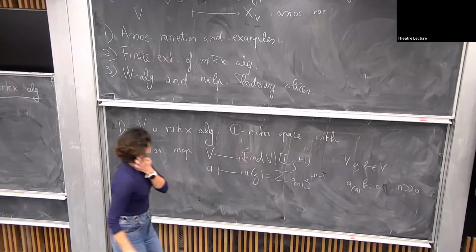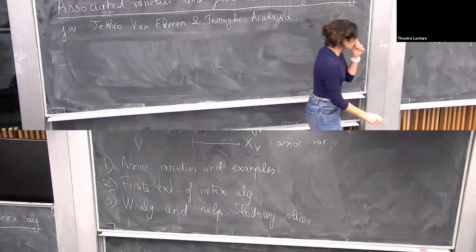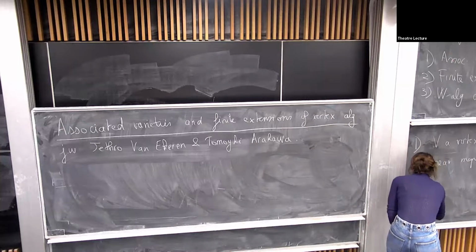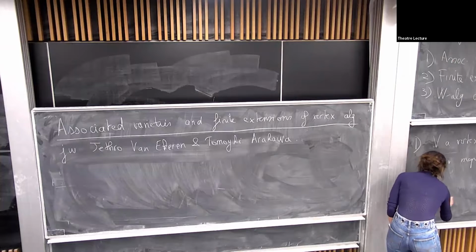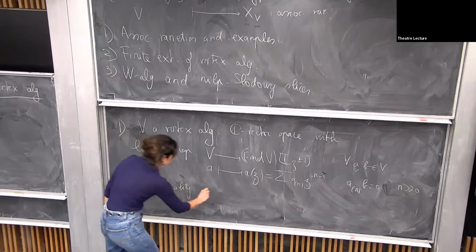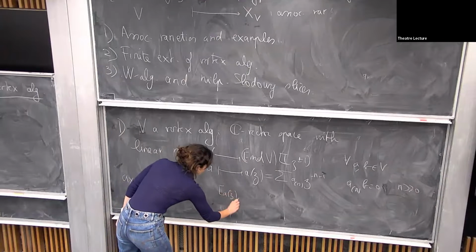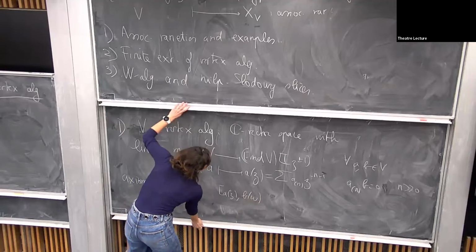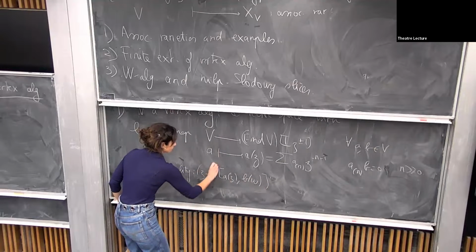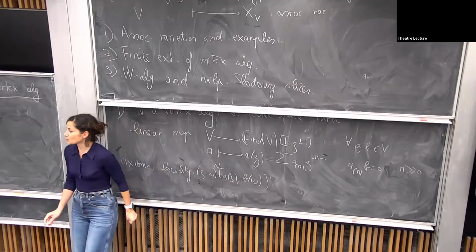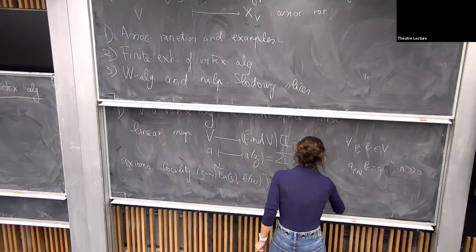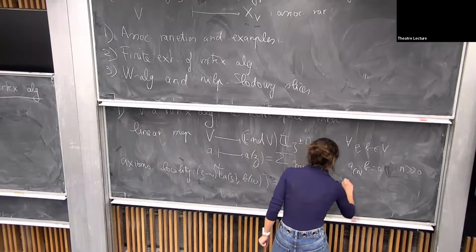This linear map satisfies some axioms. I don't recall all of them, but in particular you have the locality axiom, which tells you that up to some power of (z minus w), this bracket is 0. This holds in a larger space.